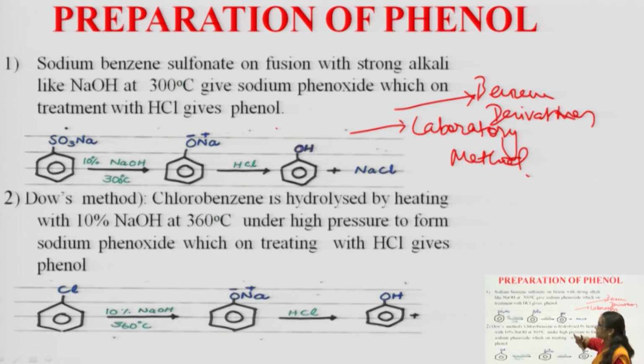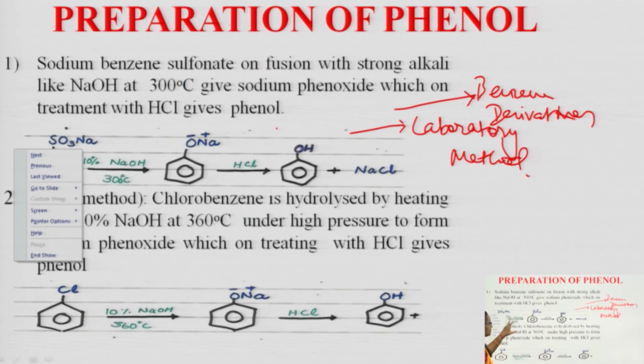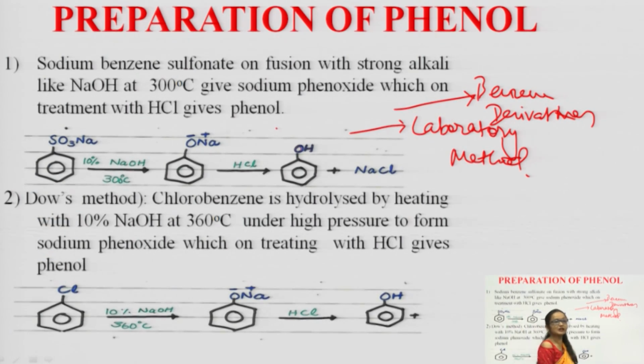See, the laboratory synthesis says that when sodium benzene sulfonate is fused with a strong alkali, that strong alkali is NaOH. You know that sodium hydroxide is a very strong alkali.